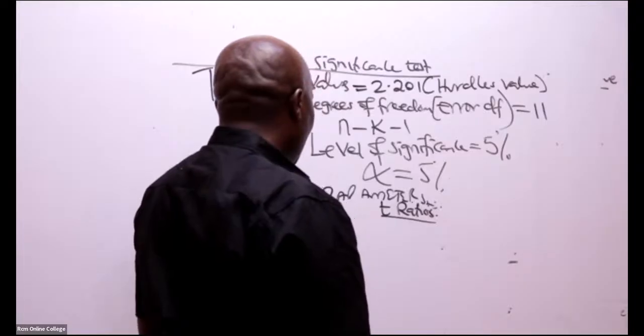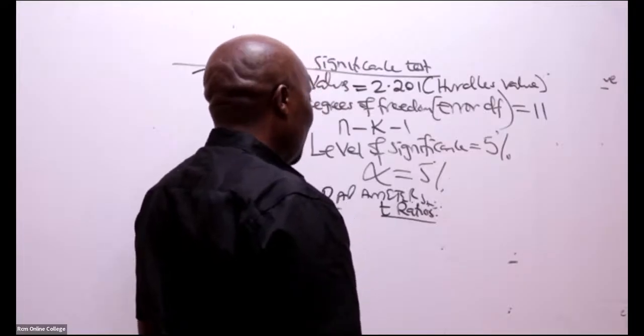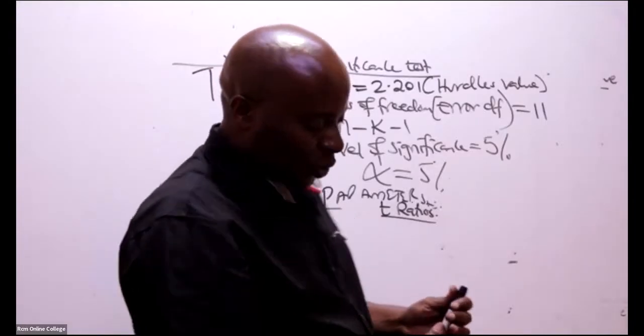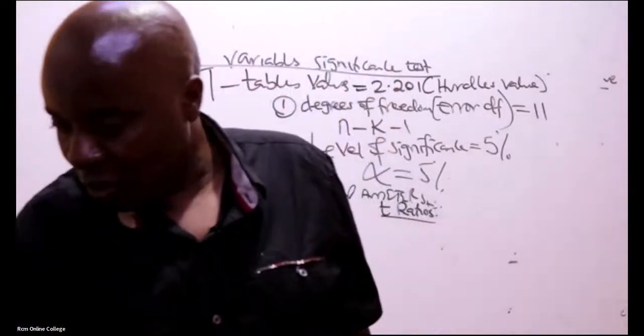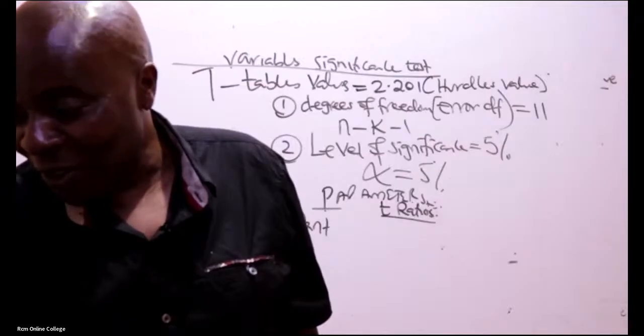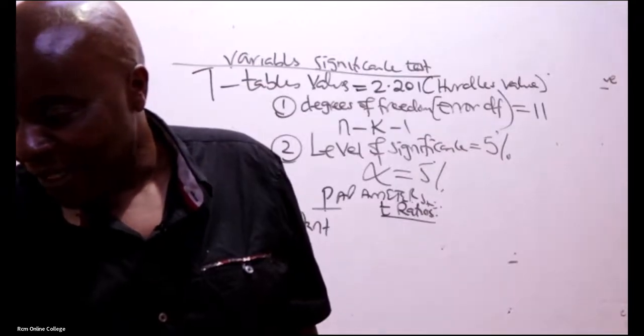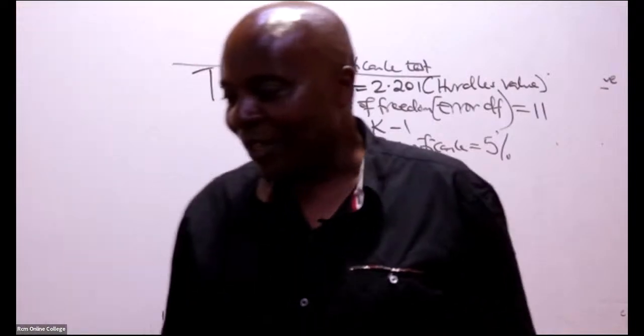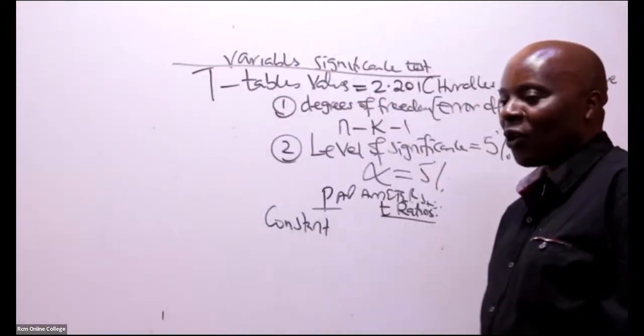So what is the t value of the constant? Please open up your paper. The constant t will make sense. You should not panic at all. This will make sense in a moment. The t ratio for the constant.